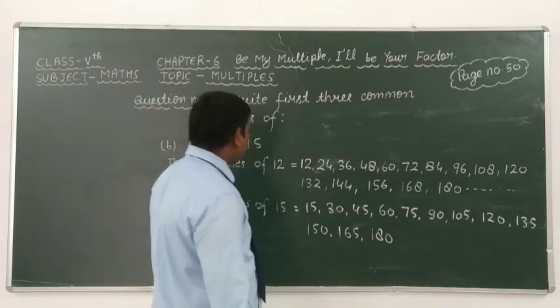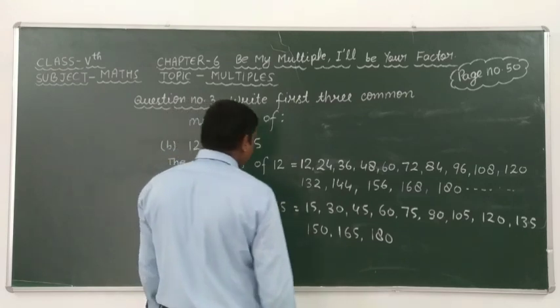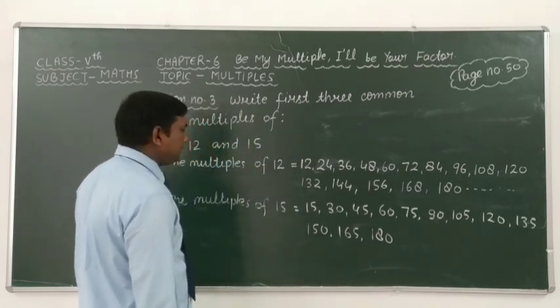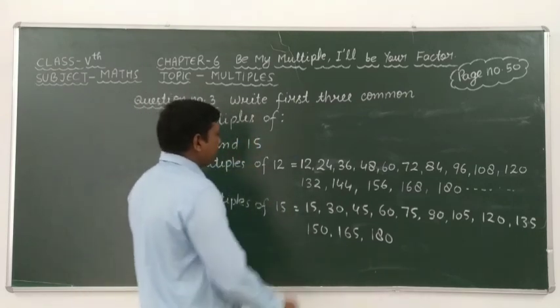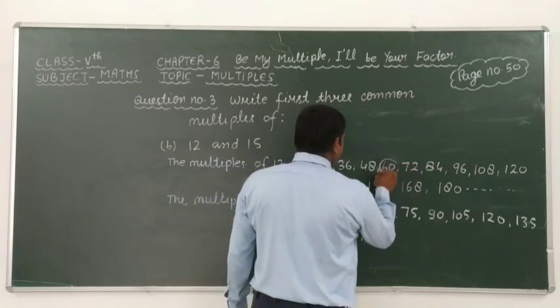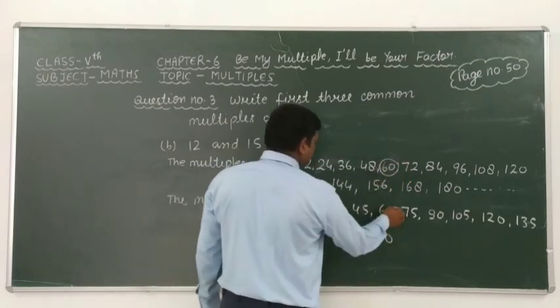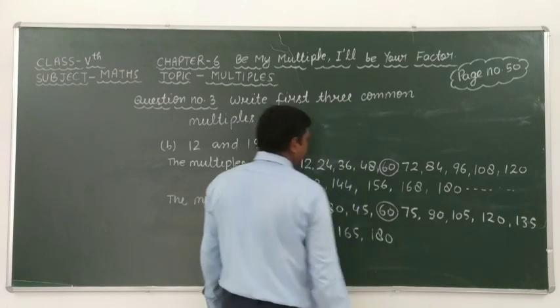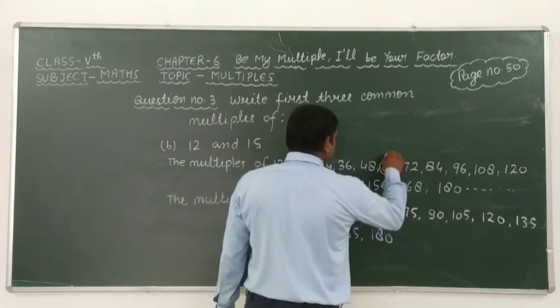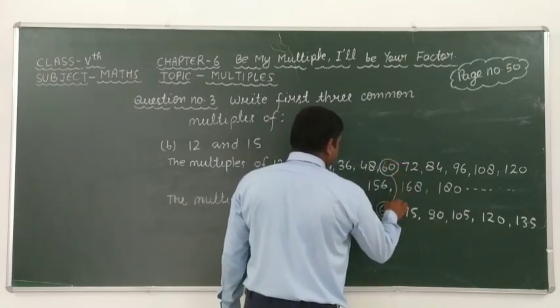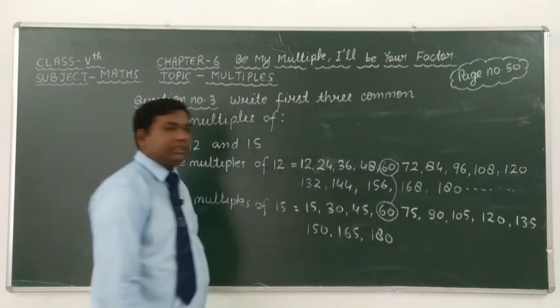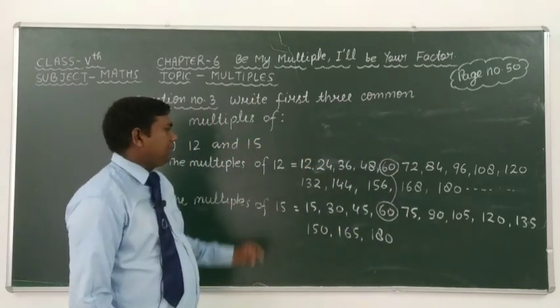Then we can choose the common multiples of 12 and 15. Dear students, look at here carefully. Here we get 60, and here we get 60. It means that 60 is a common multiple of 12 and 15.